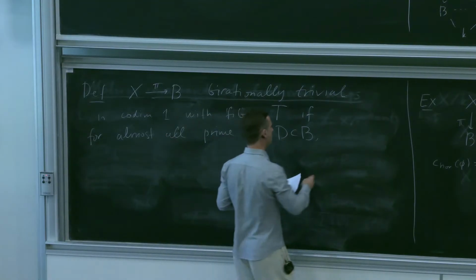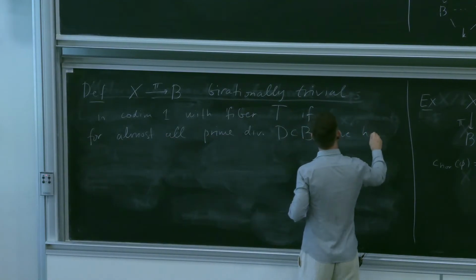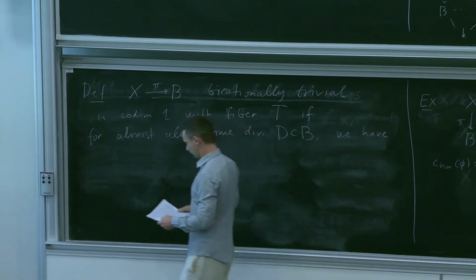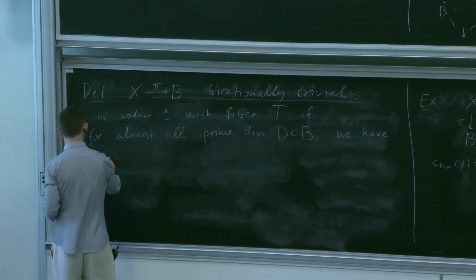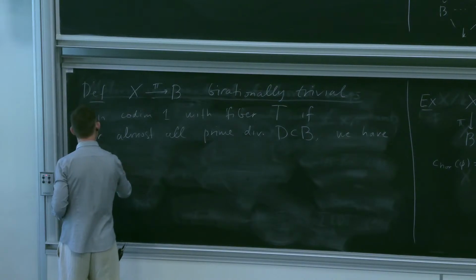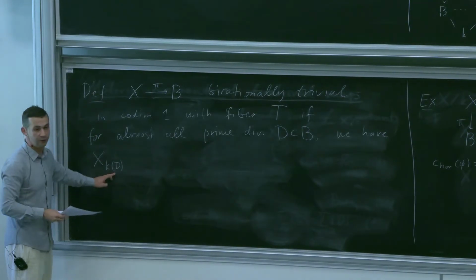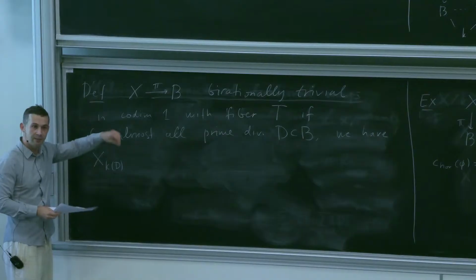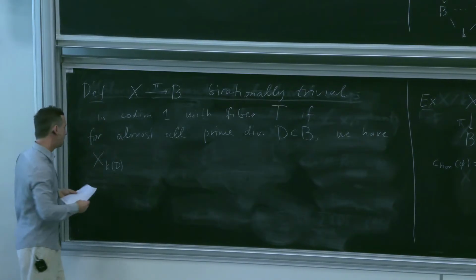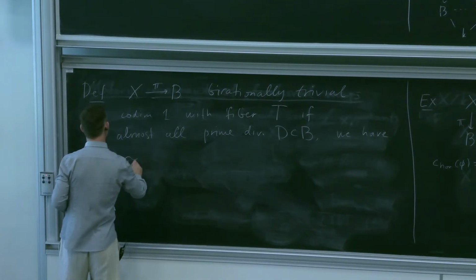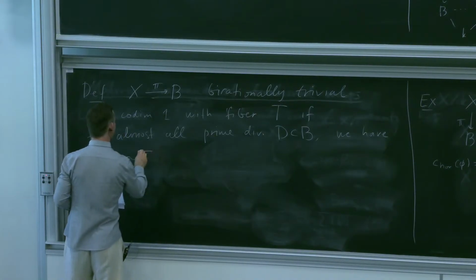So this means I'm making a base change to the function field of this divisor. I'm looking at what happens generically on this divisor. And I want this to be birational over this field to my fiber.